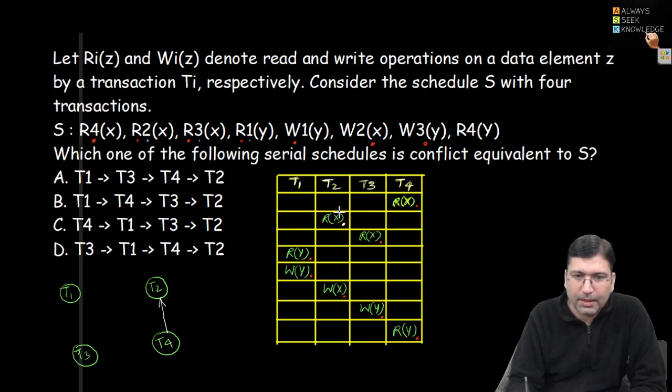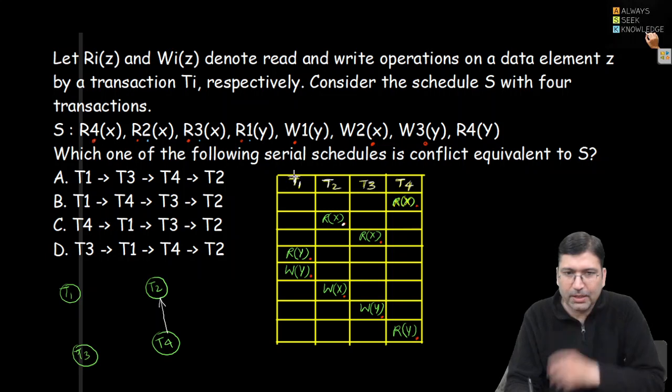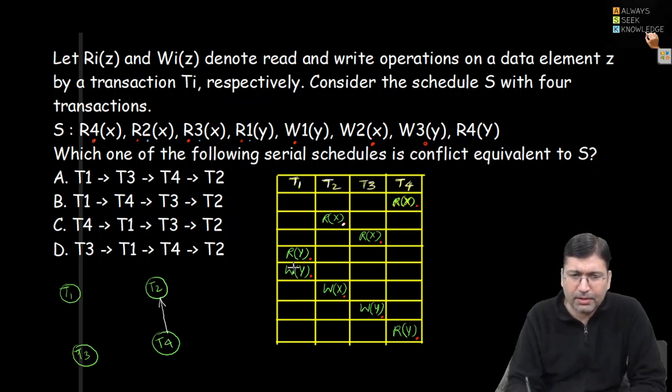Next is read X by T2. Now we need to check the conflict of this read X with any write X in the rest of the three transactions. In T1 there is no operation on X. In T3 there is no write operation on X. In T4 there is no write operation. So no conflict for this. Now check this one.